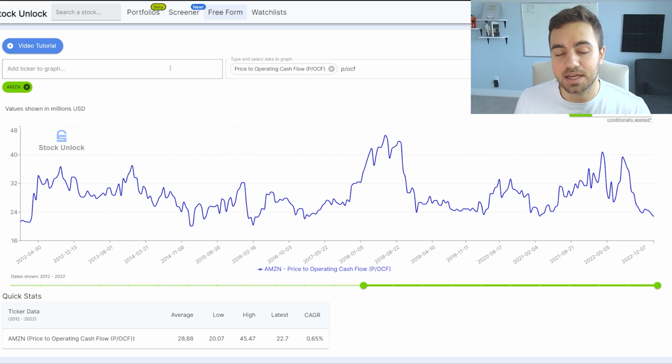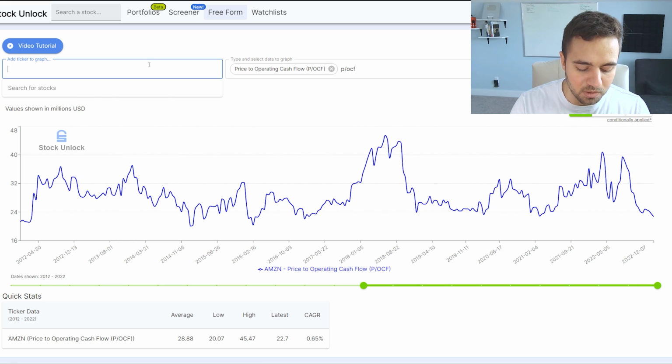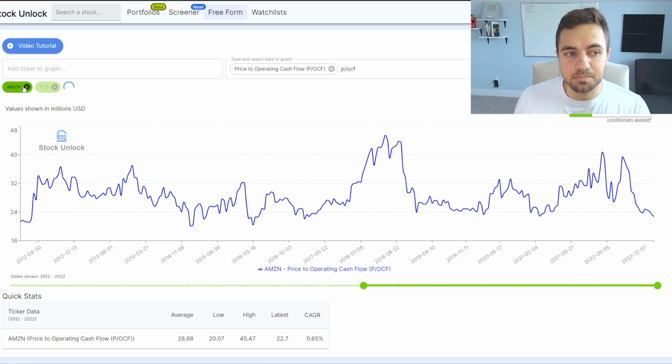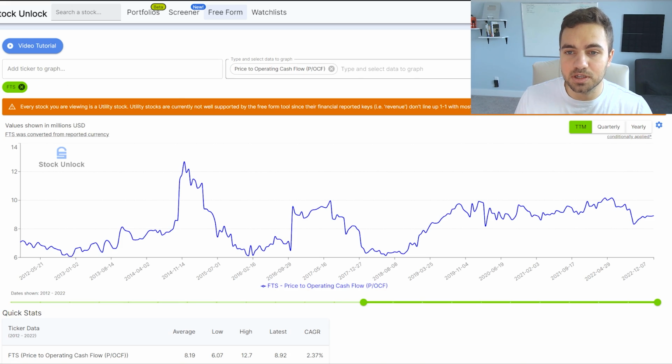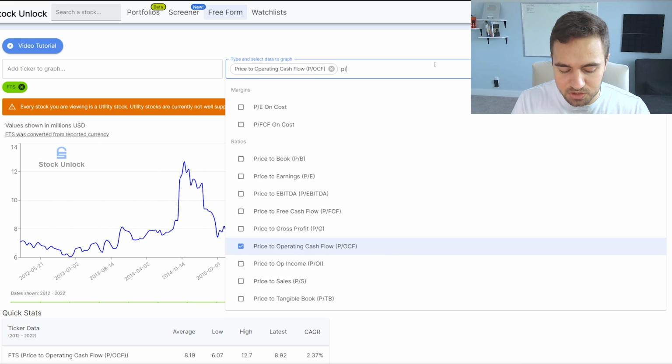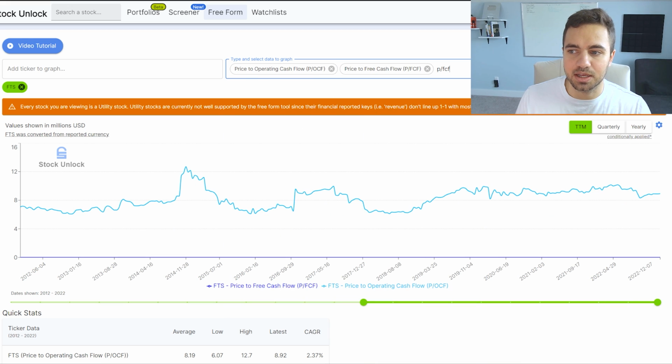Another sector that does this is utility companies. Utility companies invest a lot of their free cash flow or their operating cash flow into future growth. So what I like to do with utility companies is use the price to operating cash flow as well. Fortis, which is one of the best utility companies in Canada, is a perfect example of this. What we're going to do is take a look at the price to free cash flow versus the price to operating cash flow.